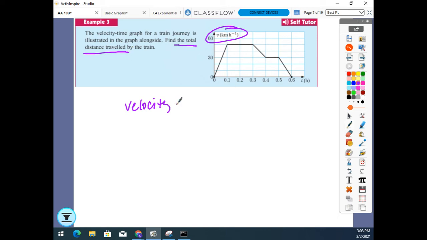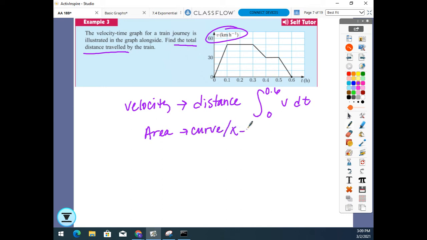Since the graph is velocity, to find distance I just need to find the integral from 0 to 0.6 of my velocity. And what is this represented by in the graph? We just need to find the area between the curve and the x-axis.